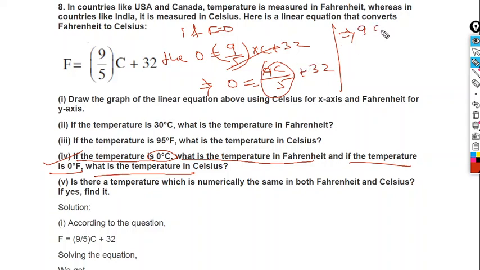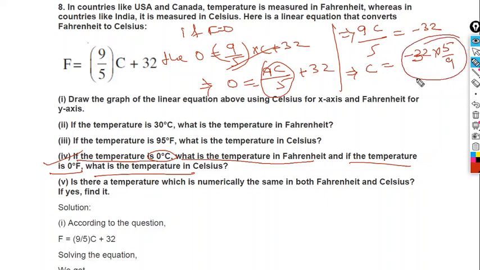Now 9C by 5 equal to minus 32, implies C equal to minus 32 into 5 by 9. Now you multiply it and the number will be in decimal. Whatever is the number, that is your answer. Please find it by calculating.